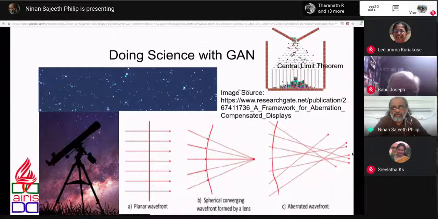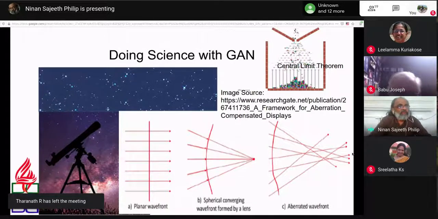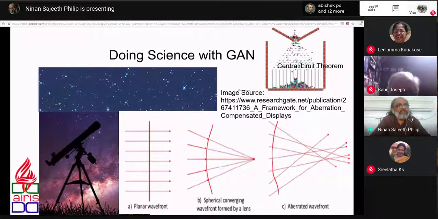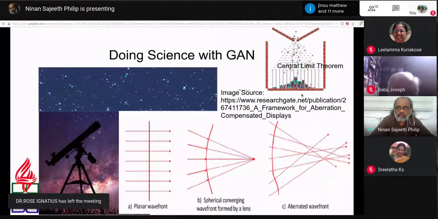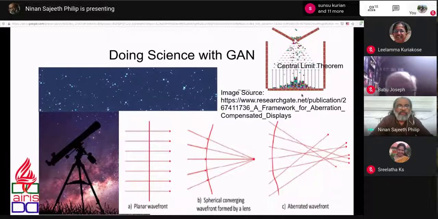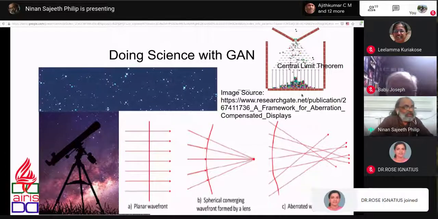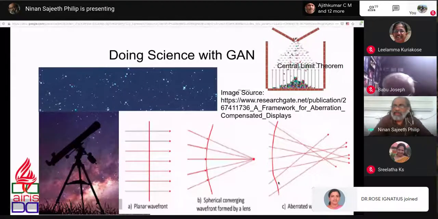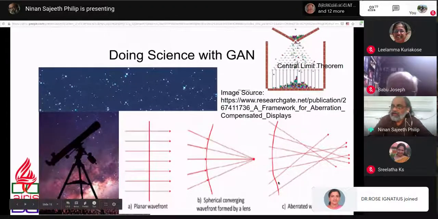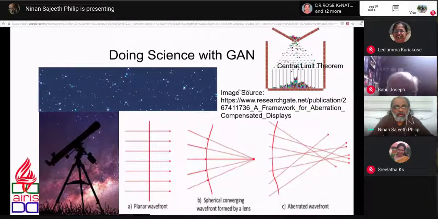We can say that a particular ball here has come from this location, but what is the track it has taken to come here? That's not clear to us. So this is the challenge, and we want to correct it and see whether this can be done with reasonable quality without distortion.